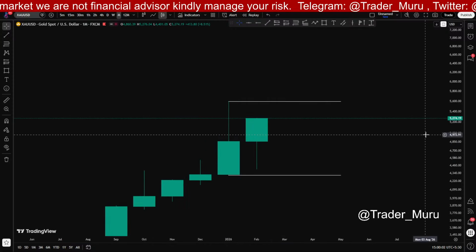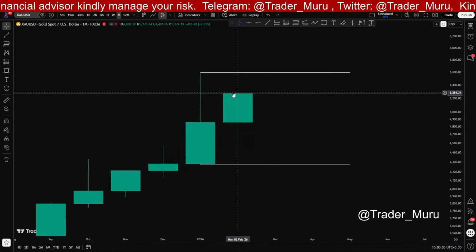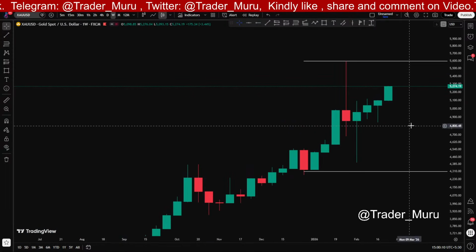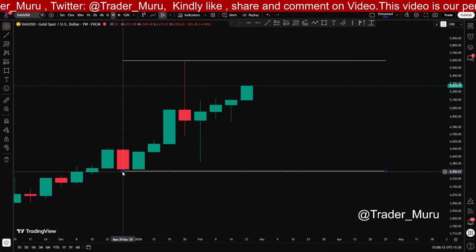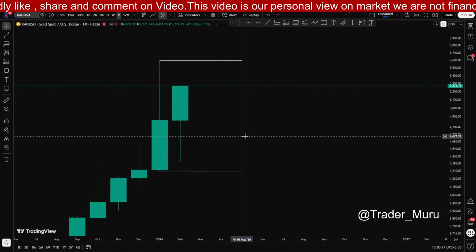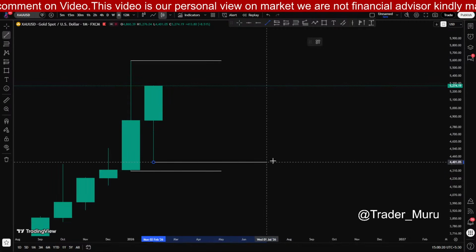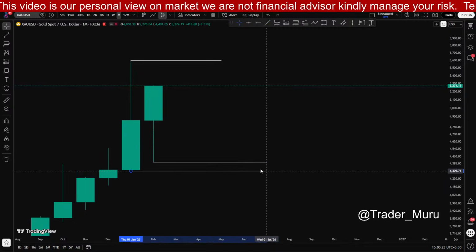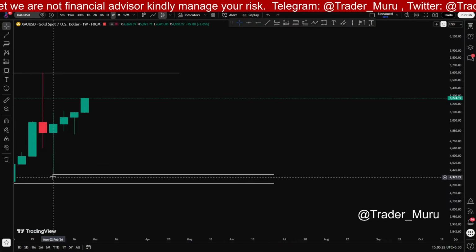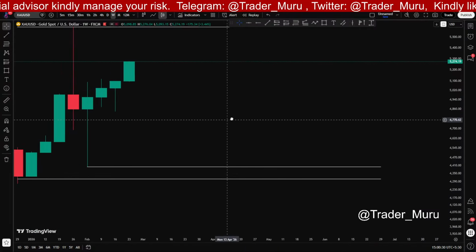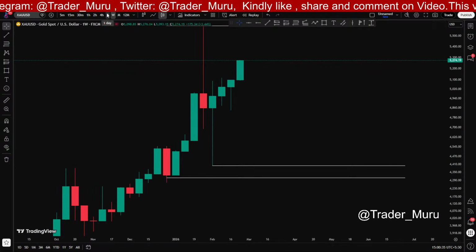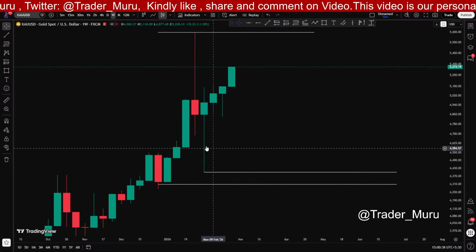According to monthly time frame, price is still bullish, and on weekly time frame we have this low, and current monthly low is near this one, around 4400. So this low is our current month low, and this is our previous month low. This is January low and this is February low.